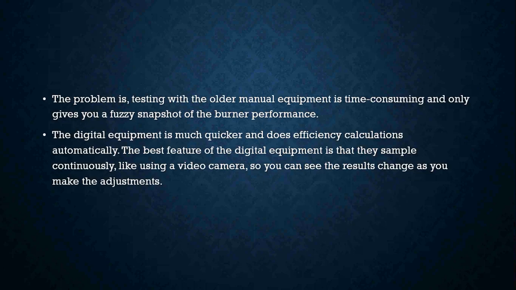The problem with the older types of equipment is it's time consuming. It only gives you a fuzzy snapshot of how the burner is performing. Anytime you make an adjustment with the older style kits, you have to redo the test over again.